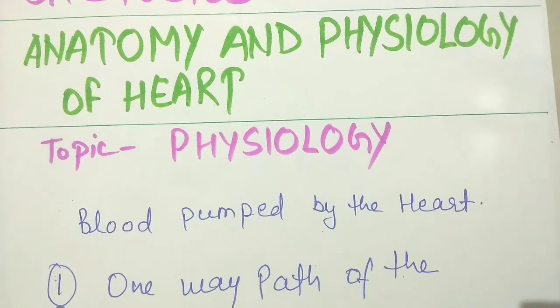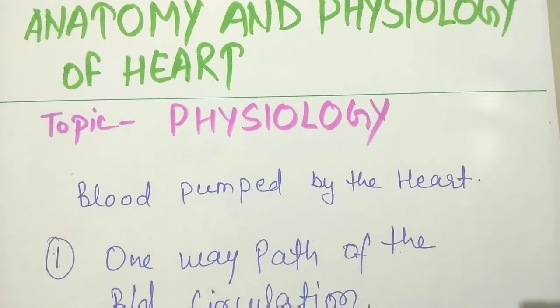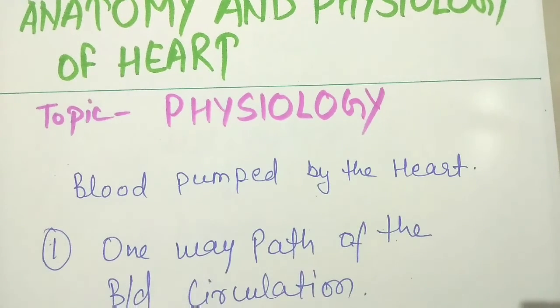So it is all about the physiology of the heart. Physiology of the heart says that blood is pumped by the heart with the help of the cardiac muscle. Cardiac muscle is covered by three layers: the first is the pericardium, the second is the myocardium, and the third is the endocardium. These are the cardiac layers.